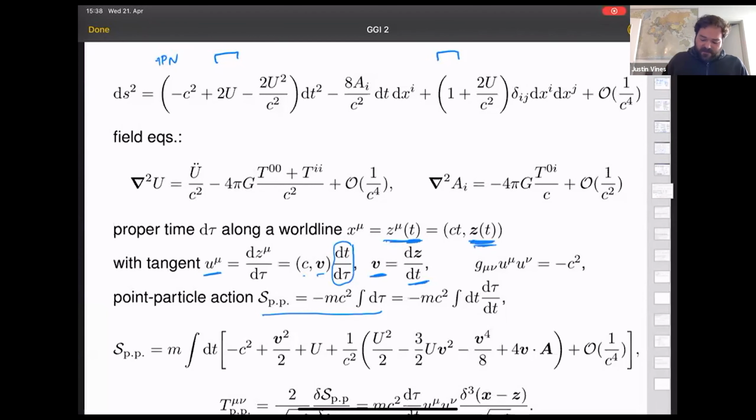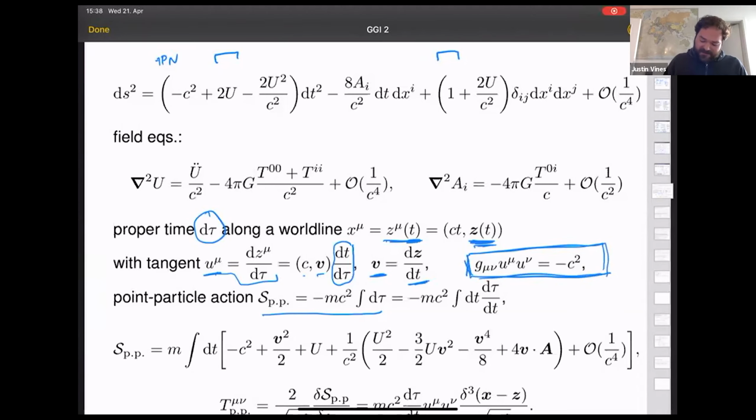So the proper time is defined by this equation, essentially. Along with this one, tau will be the proper time if this equation is fulfilled.